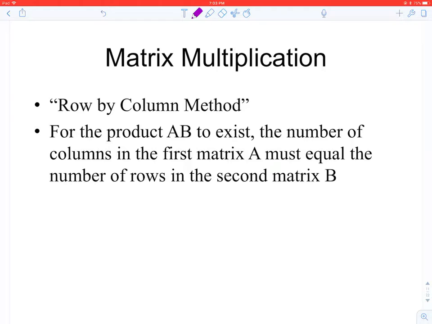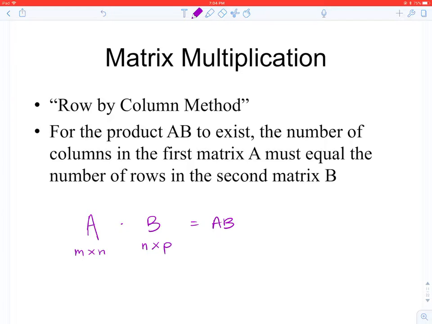For the product AB to exist, the number of columns in the first matrix A must be equal to the number of rows in the second matrix B. So if we wanted to multiply matrix A times matrix B, and let's say that matrix A had dimensions m by n, then matrix B would also have to have n rows, and then by some other number.